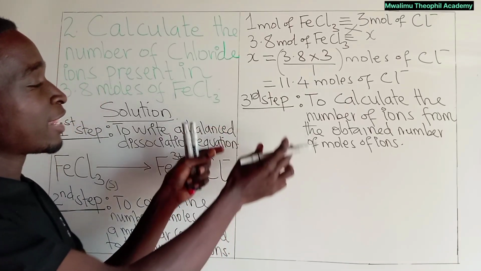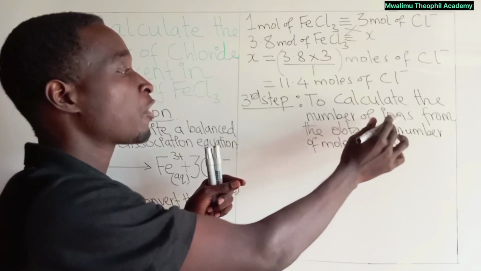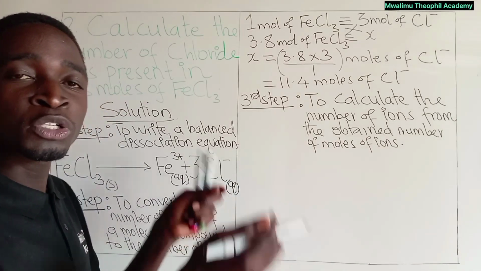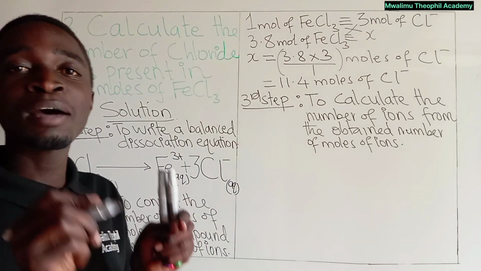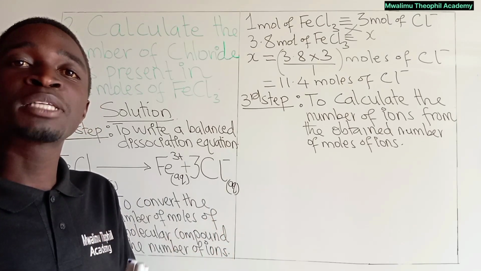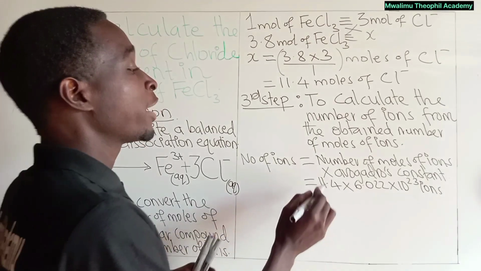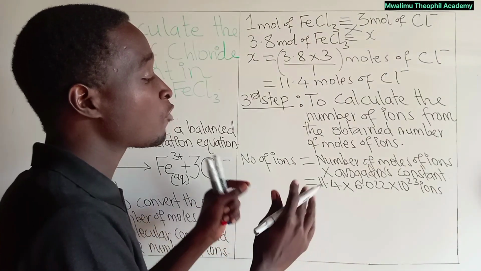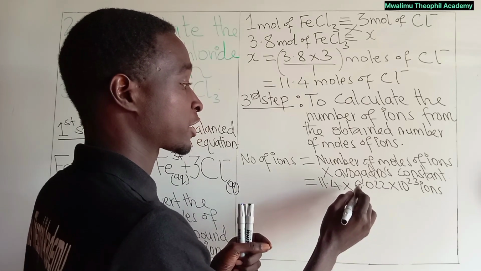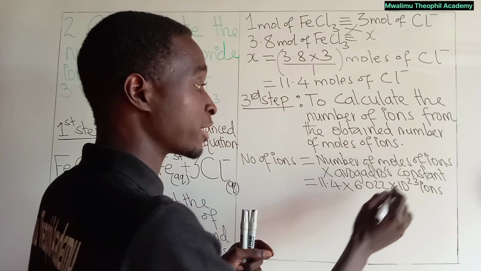As I have written here, the third step is to calculate the number of ions from the obtained number of moles of ions. How do we do this? To get the number of ions, we take the number of moles of ions times Avogadro's constant. This will be equal to 11.4, which is the number of moles of chloride ion, times Avogadro's constant, which is 6.022 times 10 raised to 23.